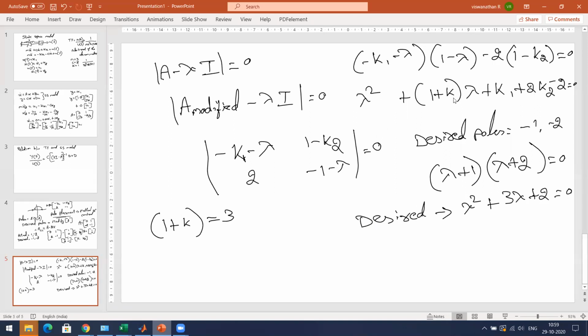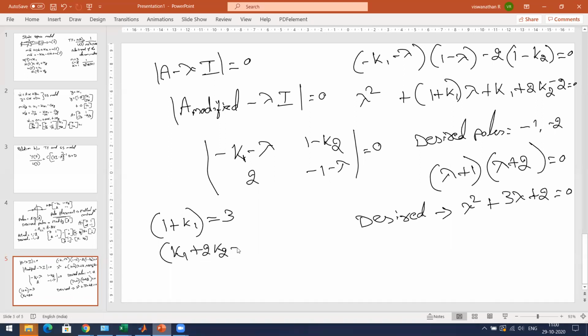This is not just K, this is K1. So 1 plus K1 is equal to 3 just by comparing. And then K1 plus 2K2 minus 2 is equal to 2.